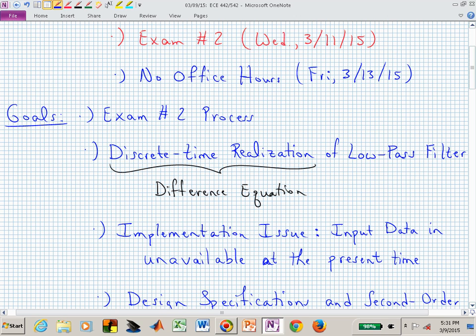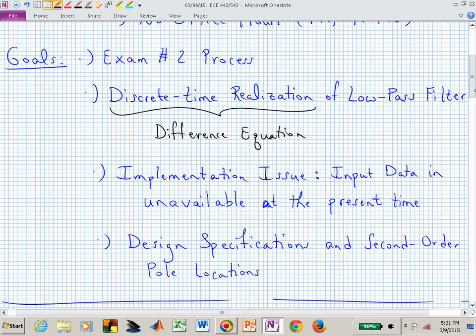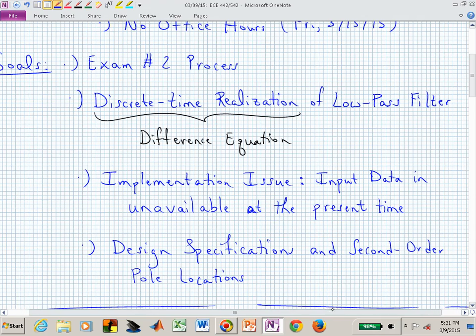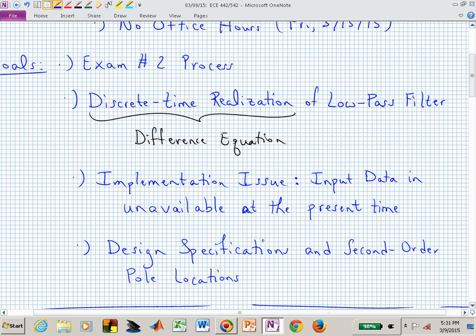I hope you're not planning to come see me on that Friday. I won't be around, but if you need to see me, send me an email and we can try to arrange some time that's not after Wednesday, because I won't be here after Wednesday. I'll be here for the exam.